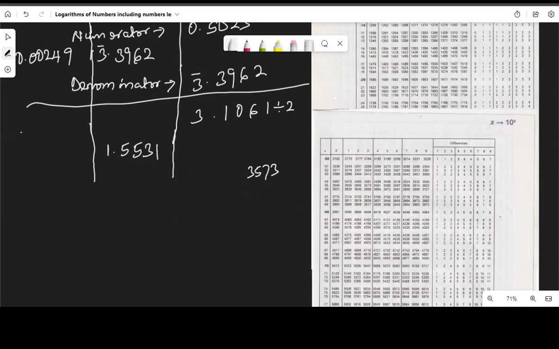Then difference of 1 is 1. So my answer is 3574. Now this one here, we're going to add 1 to it and then put our decimal point here. So our final answer is 35.74.